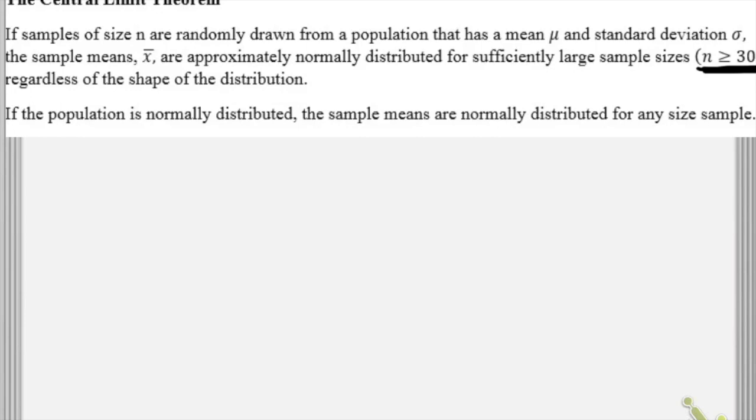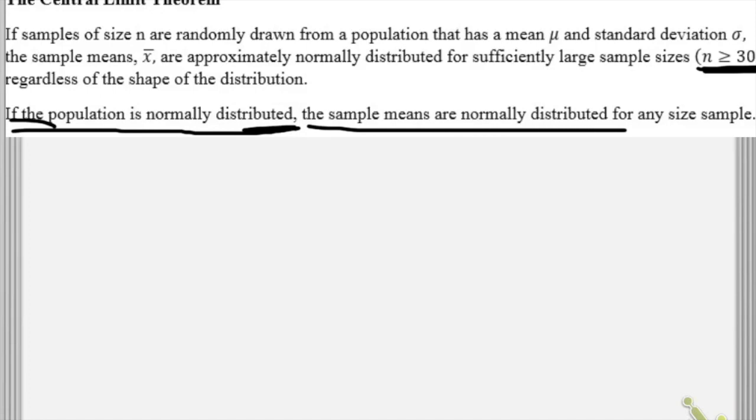So we're going to see scenarios where we don't know the population distribution. We don't know what it's like. We're also going to see scenarios where we know that the distribution is not normal. And then we're going to see scenarios where the original distribution is normal. And what we're saying here is that if the population is normally distributed, then the distribution of means will be normally distributed as well, and the sample size would not matter.